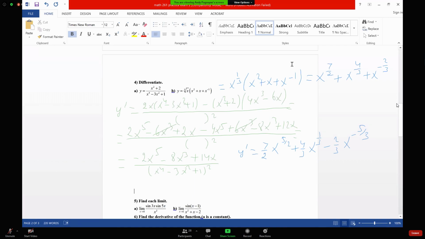Yeah, I was wondering, for 4B, question B, I tried to use the chain rule, but I don't think it was necessary in this case. No, if you know, it's not necessary. You can distribute. So 1 third plus 2 is 7 over 2.